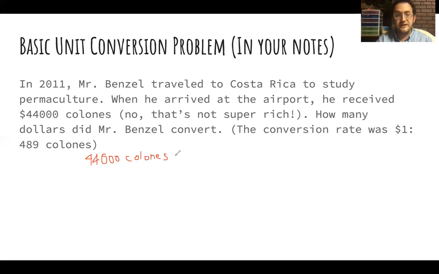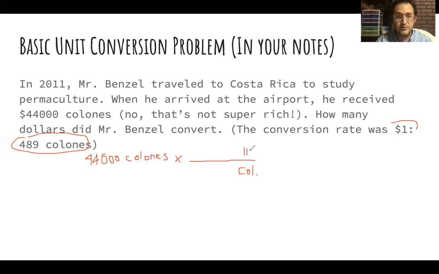So what you would do when you are doing that is I like to plan my ratio. So I'm going to put colones, and I'm just going to abbreviate it COL. And the conversion rate is $1 for 489 colones.